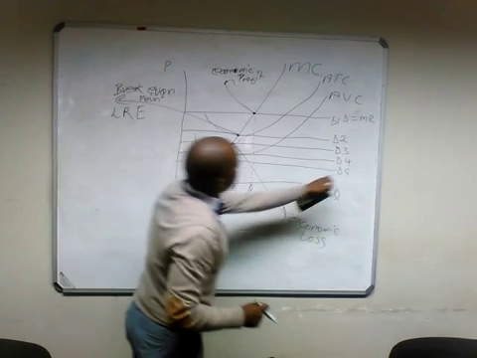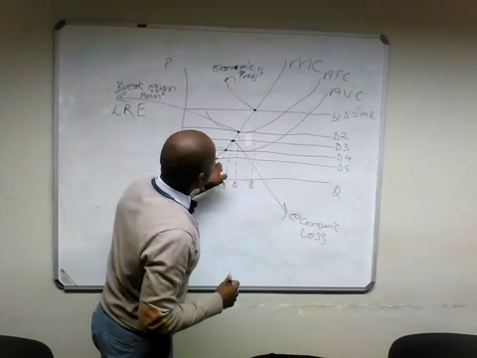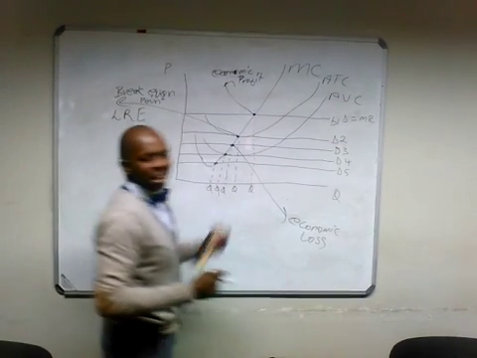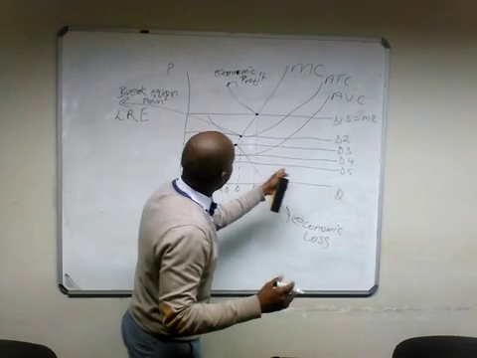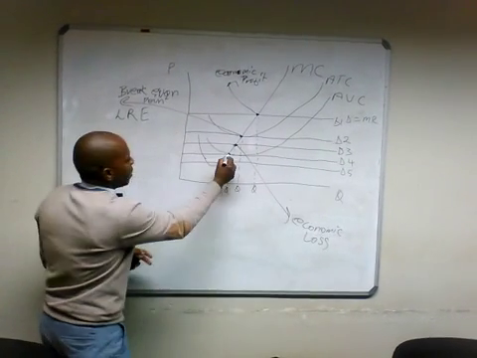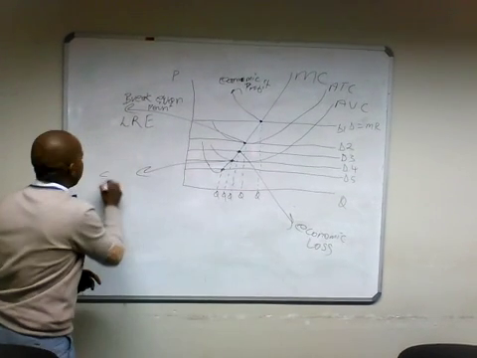So what does D5 tell us? At D5, the price is less than the average variable cost. It means that they can't even afford their average variable cost. So this point, in fact, is a shutdown point.